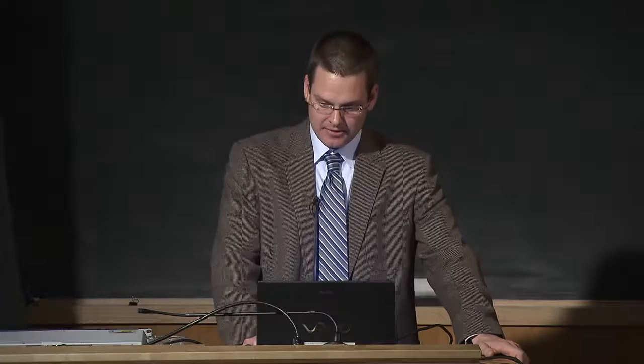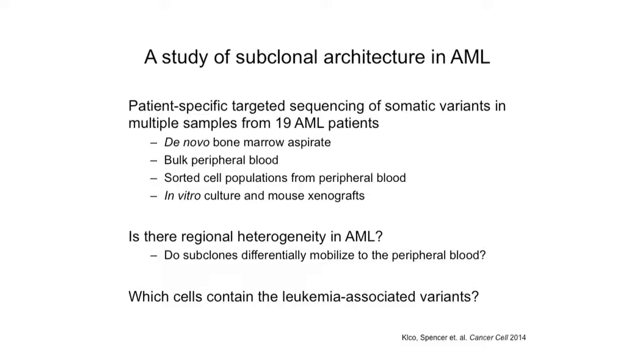Last year in the lab, Jeff Clow, who's a hematopathologist in pathology with me, we're 2 pathologists in a Department of Medicine lab, embarked on a study to understand the clonal architecture of AML using a variety of approaches coupled with this patient-specific capture reagent to understand if subclones have distinct functional properties.